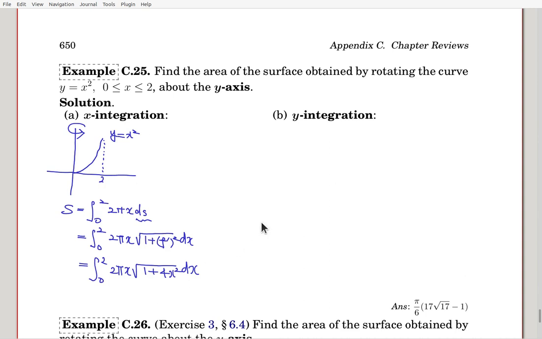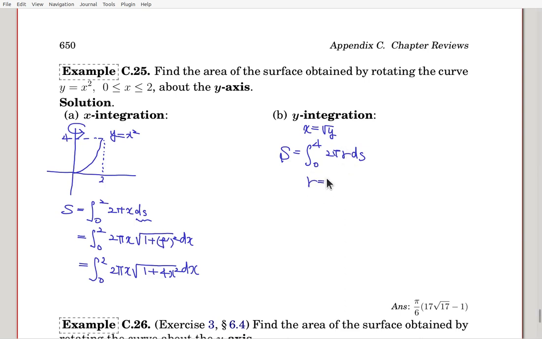How about y integration? For that one, once x equals 2, then y equals 4. And also, x is the radius, so x is the square root of y. So the surface area is the integral from 0 to 4 of 2 pi r ds. r is x, so r must be the square root of y.